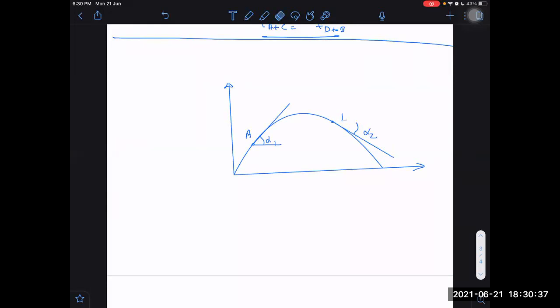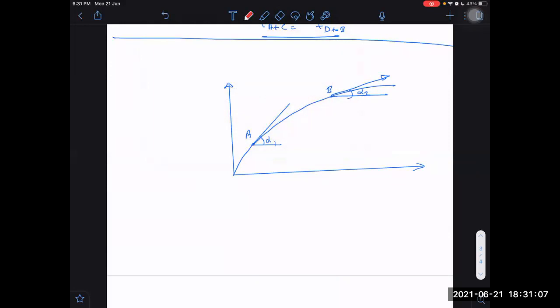Let me take it in such a way that the parabola has both points along the positive side. B point, alpha 2 angle.